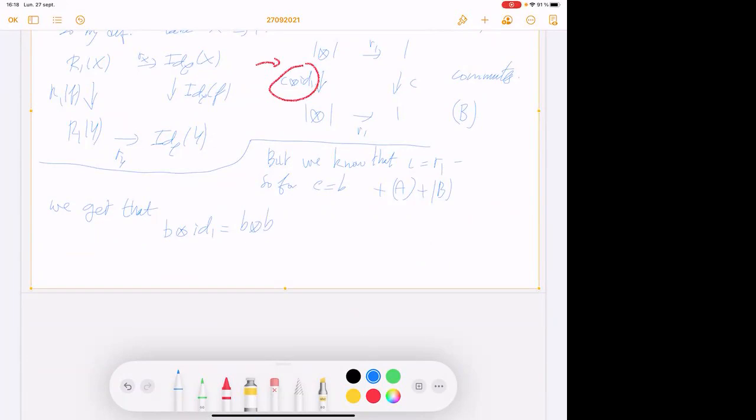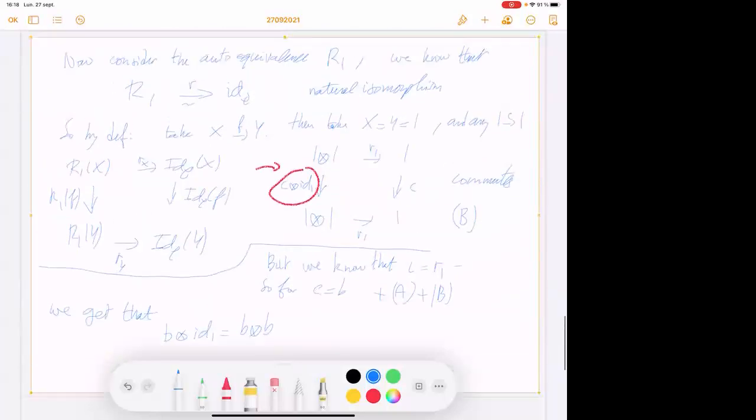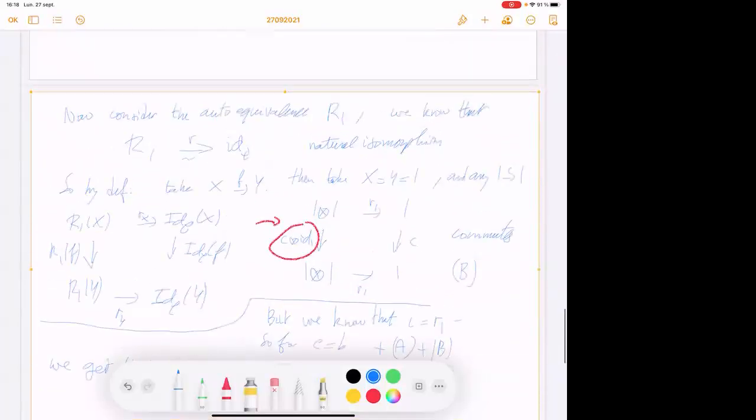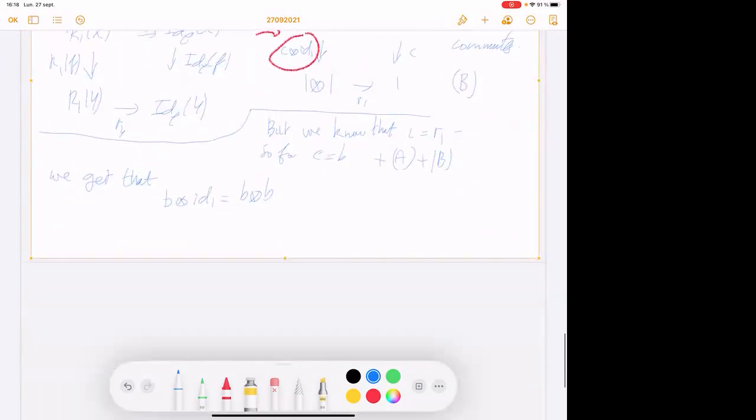So for y we can simplify. And then we get b equal id 1, y. Then b equal id 1.